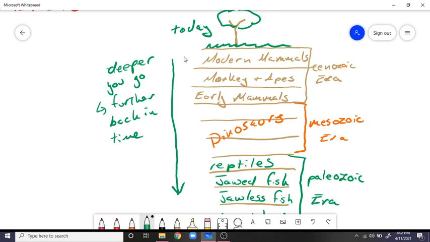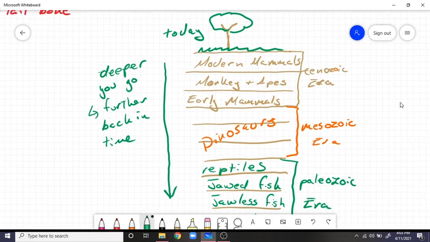So they use this methodology to look at other things besides what creatures were alive. They use it to look at what the environment was like as well.